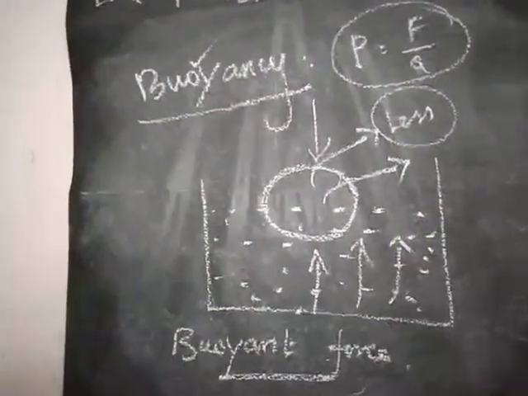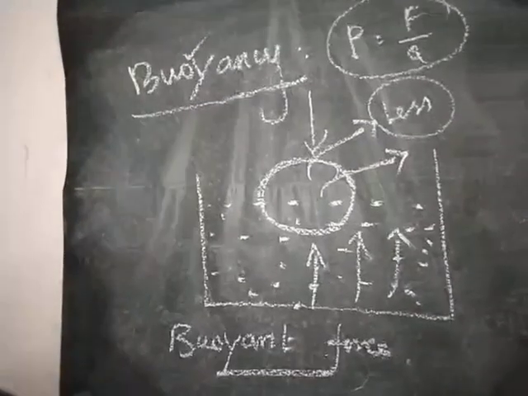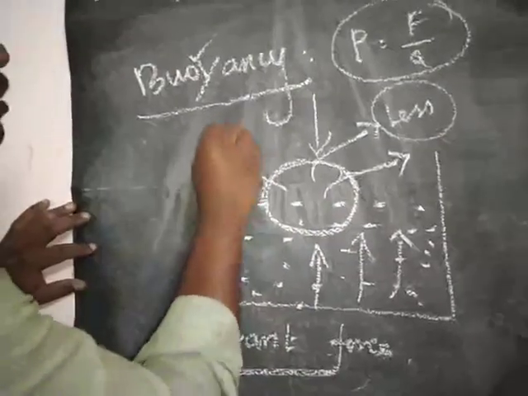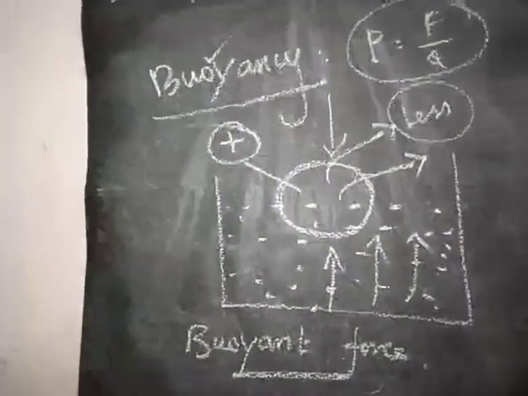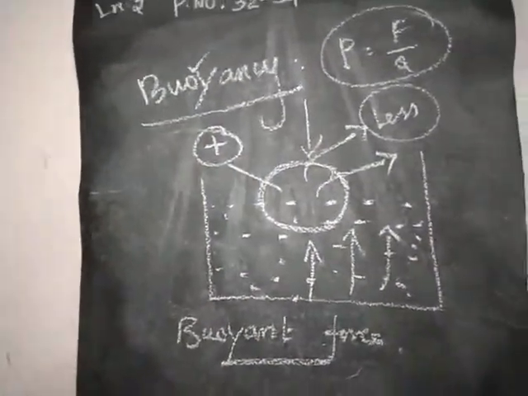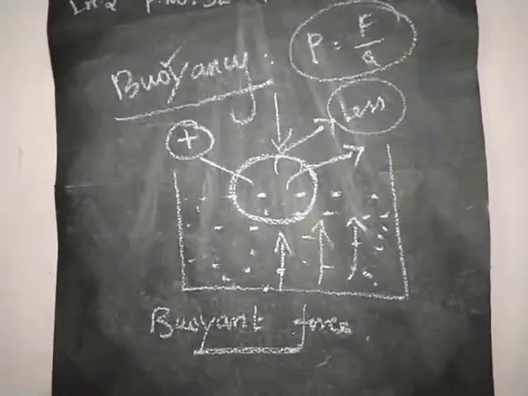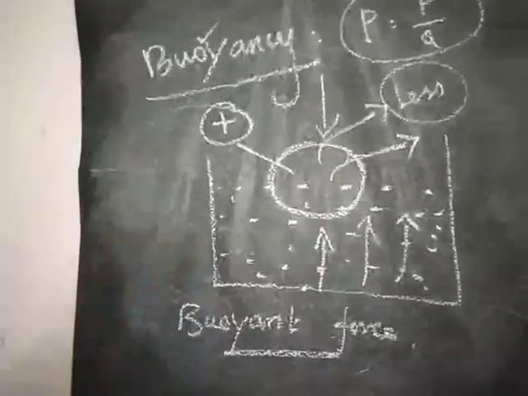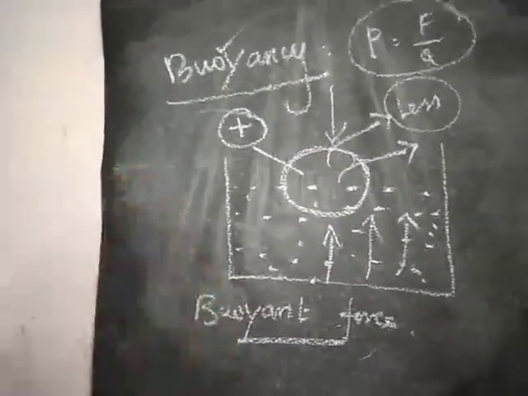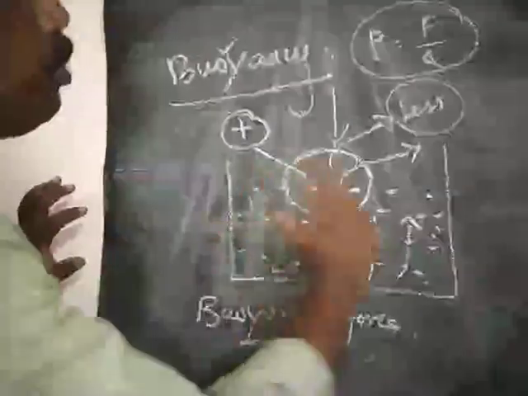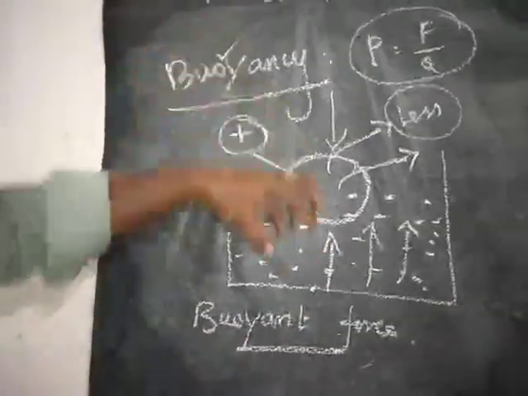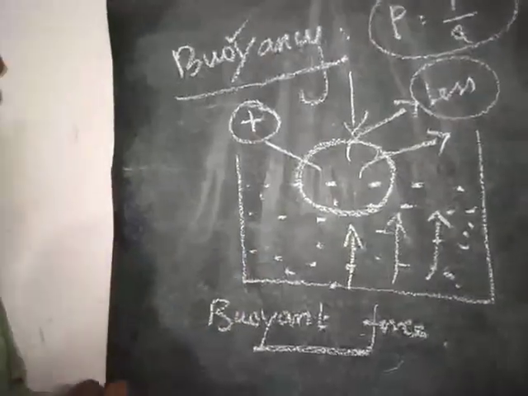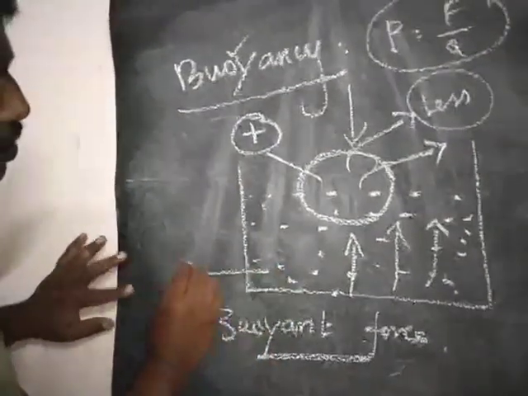That type of object is called a negatively buoyant object.